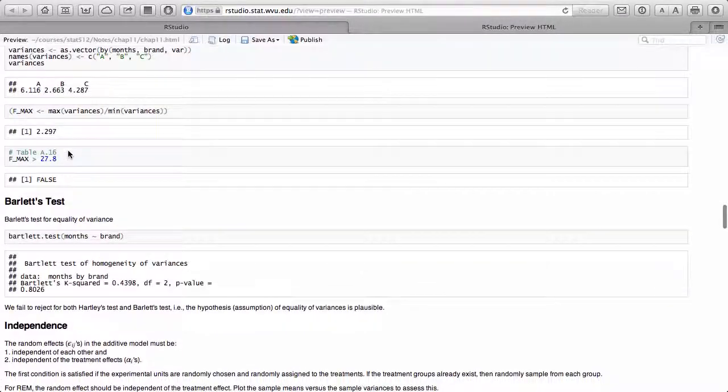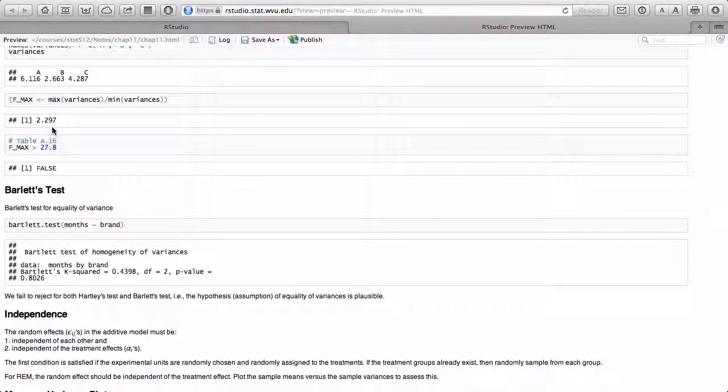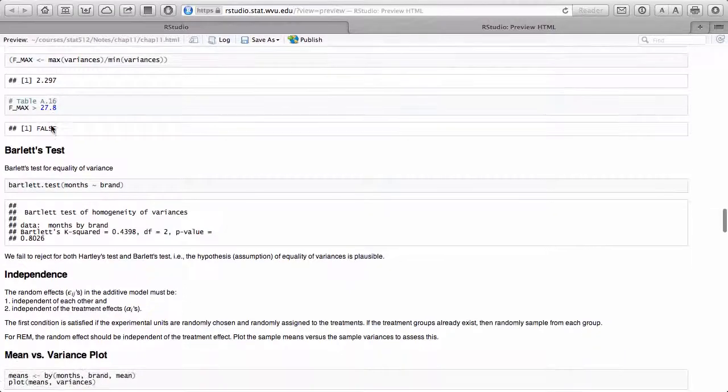So you can see that there appear to be differences. The max to the min is approximately 2.3, and yet we don't reject. Now, again, this is a very small sample size, so it's quite possible the variances aren't that different, and it's just the case of having a small sample.